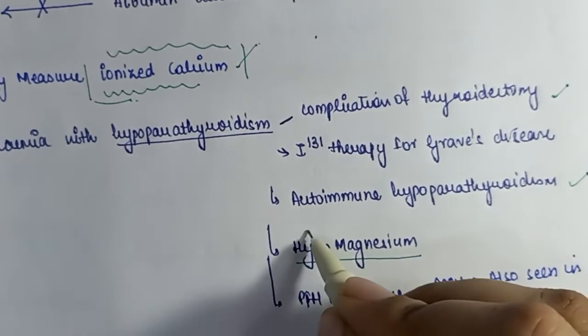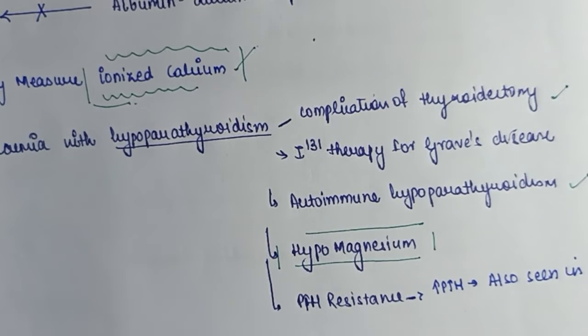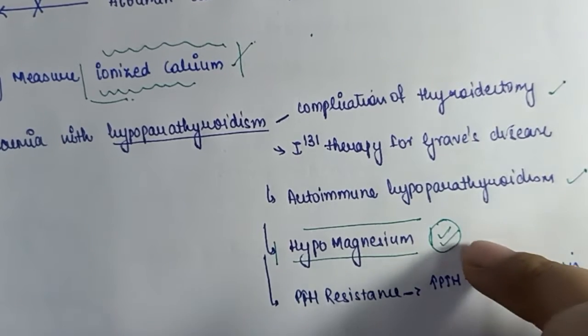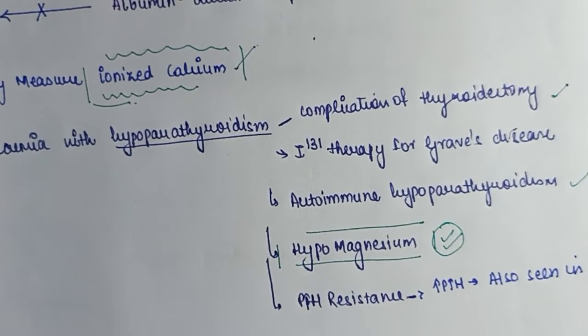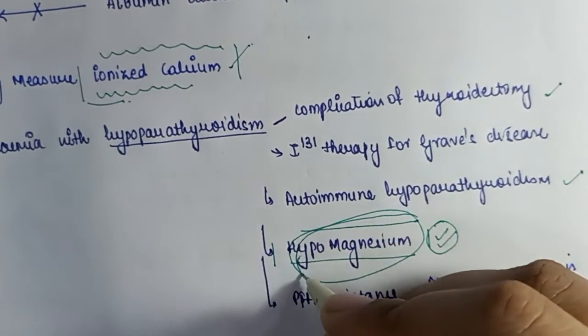One important thing you should always remember before correcting hypocalcemia is the serum magnesium level. Serum magnesium level is very important. Whenever you see a patient with hypocalcemia, if the calcium is not getting corrected despite giving IV or oral calcium, one should always check magnesium levels.